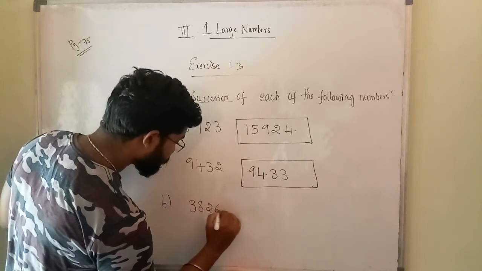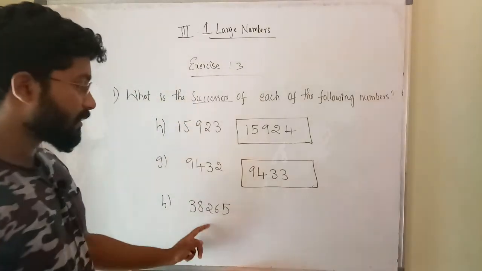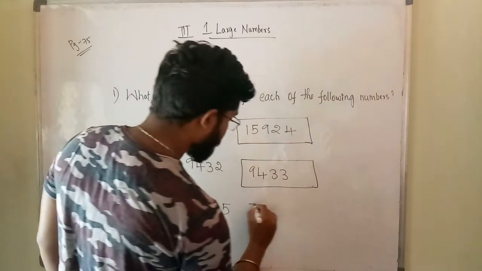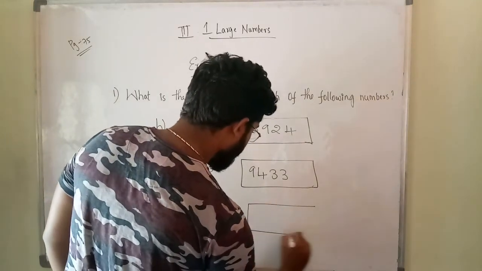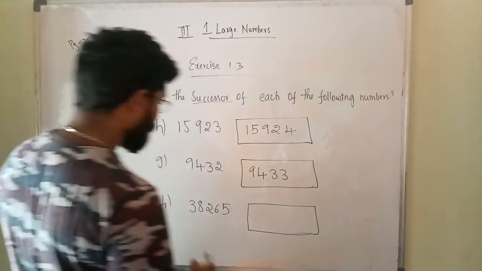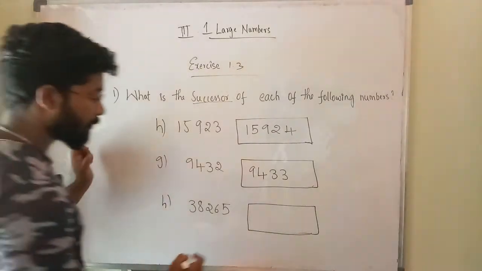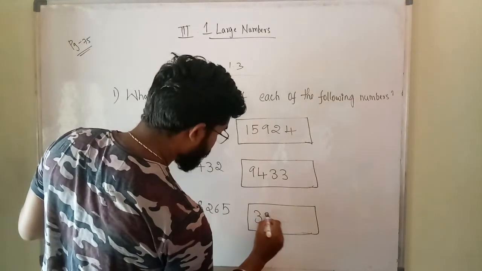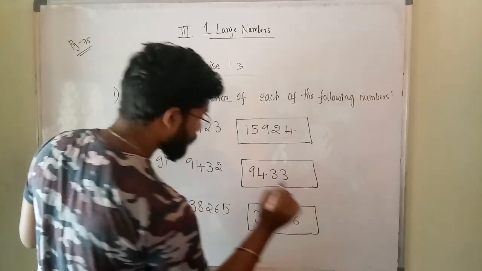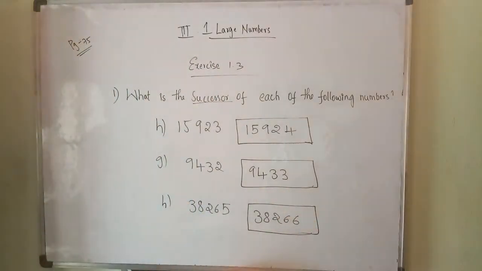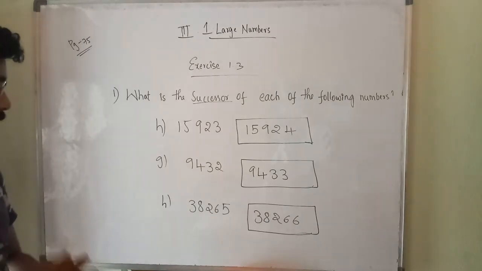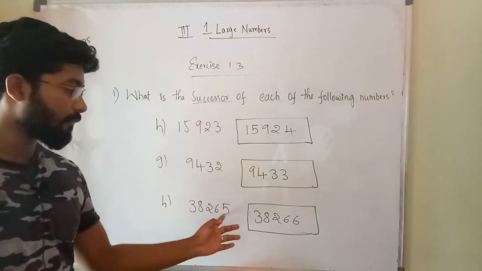For this, what is the successor? 38,266. Okay. So like this you have to do. 38,265. For this, the successor is 38,266.